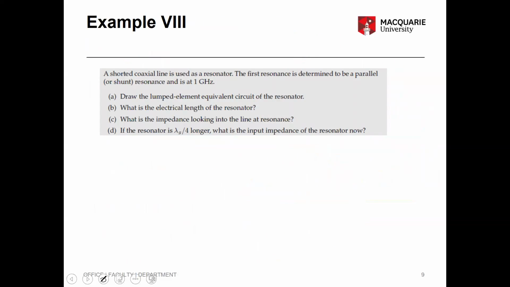So in this example, a shorted coaxial line is used as a resonator. The first resonance is determined to be a parallel or shunt resonance and is at 1 GHz. Draw the lumped element equivalent circuit of the resonator. So it's a parallel resonator. As a lumped equivalent, you can have an inductor and a capacitor.